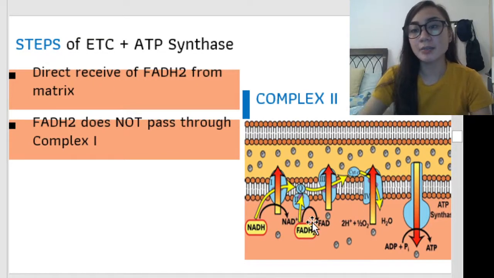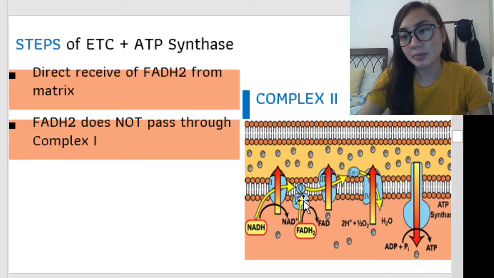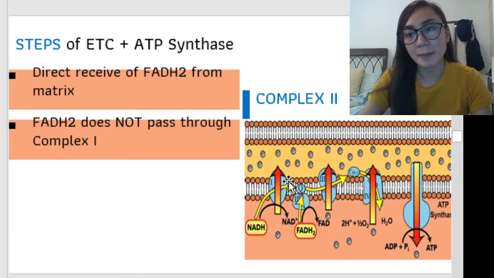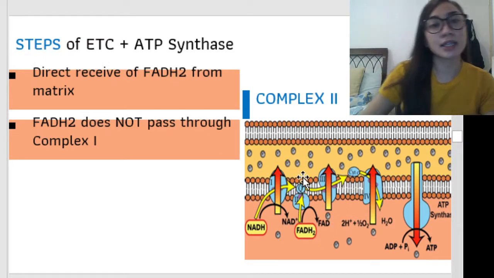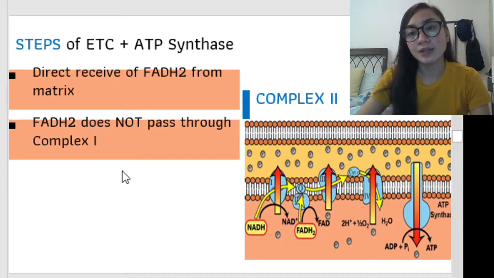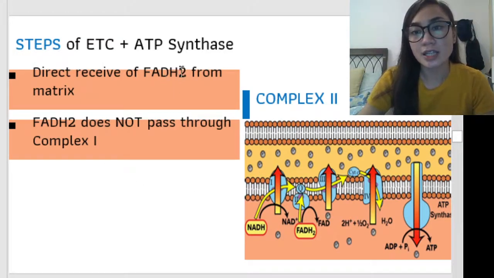Okay, complex number 2. Si complex number 2, kung makikita nyo po dito, mapapansin nyo, so there are no arrows going up. Ibig sabihin, walang hydrogen ions na umaakyat sa ating intermembrane space. However, yung ating FADH2, which is from the Krebs cycle, does not pass through complex 1. So, it is a direct receive of FADH2 from the matrix.